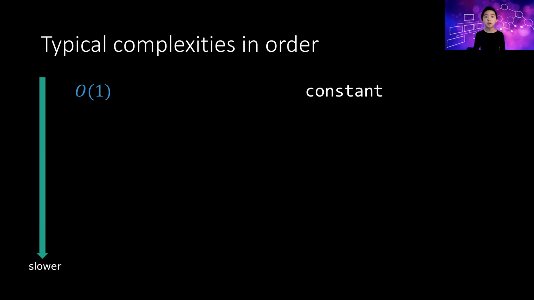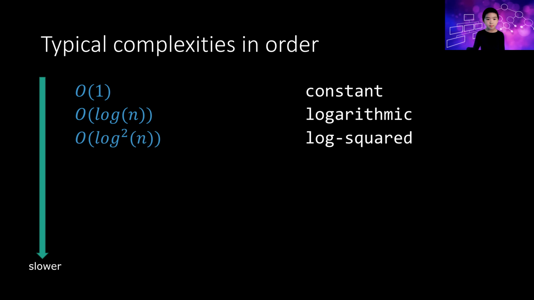This is the best possible complexity. The logarithmic complexity is next. It is pretty close to the constant time, since log n is still a small number with a very big n. We can also have two nested loops with logarithmic complexity each. Thus, we get a log squared complexity.